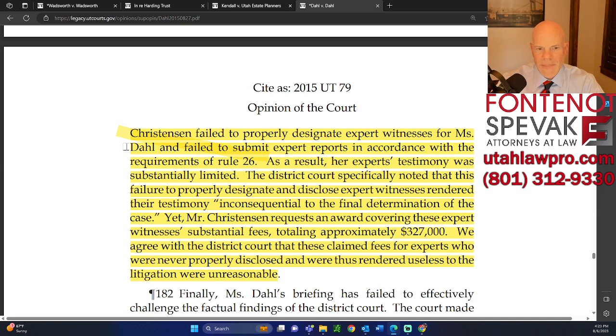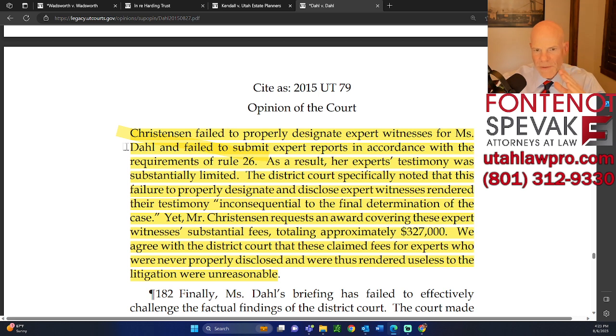Yet, Mr. Christensen requests an award covering these expert witnesses' substantial fees, totaling approximately $327,000. We agree with the district court that these claimed fees for experts who were never properly disclosed and were thus rendered useless to the litigation were unreasonable.